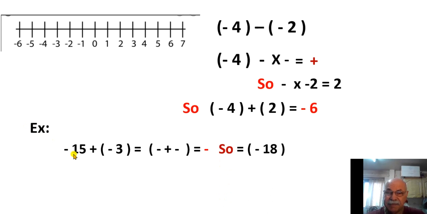See, minus 15 plus minus 3: plus times minus becomes minus, so it becomes minus 15 minus 3. On the number line, starting from minus 15, we go minus 16, minus 17, and minus 18.